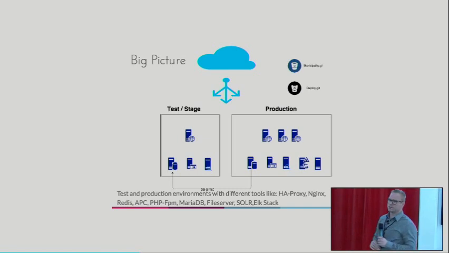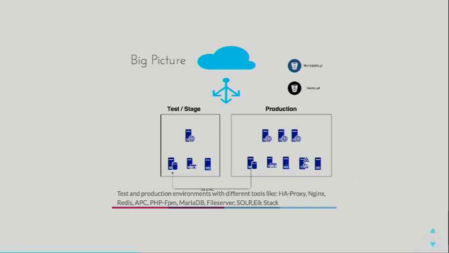We are using the industry standard for hosting: Nginx, HAProxy, Redis, APC, PHP-FPM, MariaDB, NAS file server, Solr, and ELK stack for monitoring and logging. And we are pretty satisfied with this setup. It works.